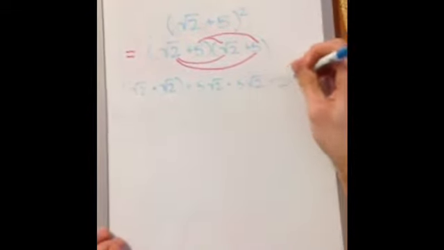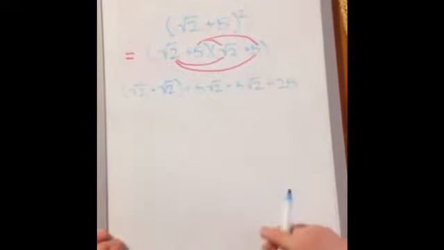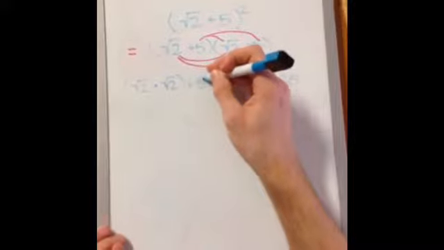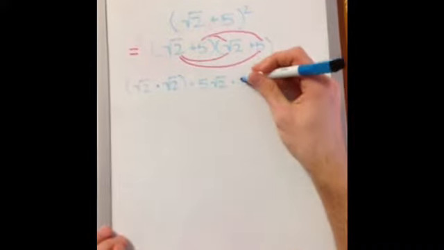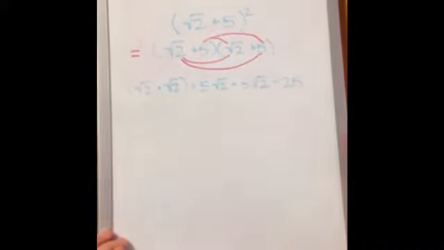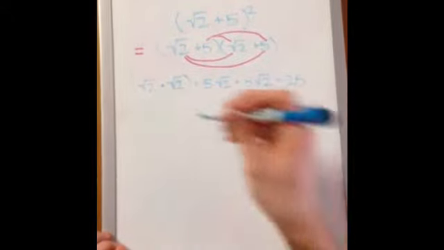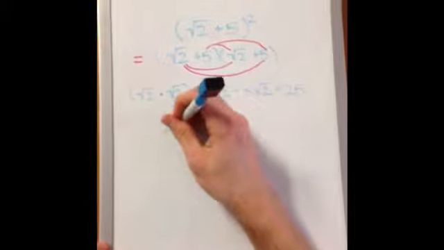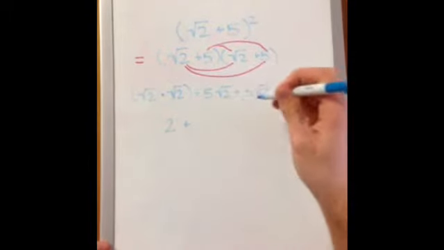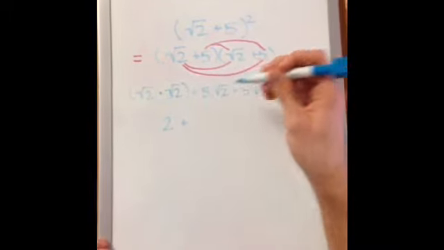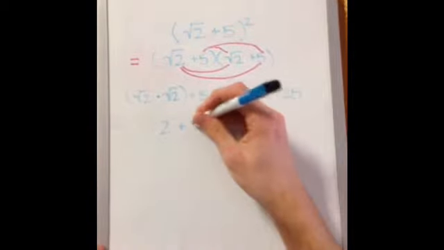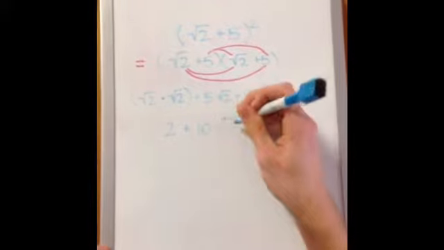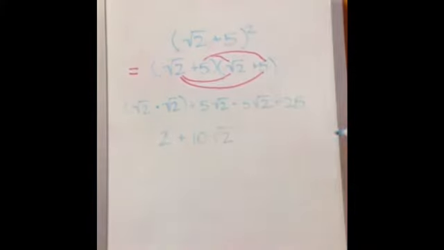Then you just add all these together by combining like terms. The square root of 2 times the square root of 2 comes out to be just 2. Then 5 times the square root of 2 plus 5 times the square root of 2 is just 10 times the square root of 2, since they have the same radical in them.